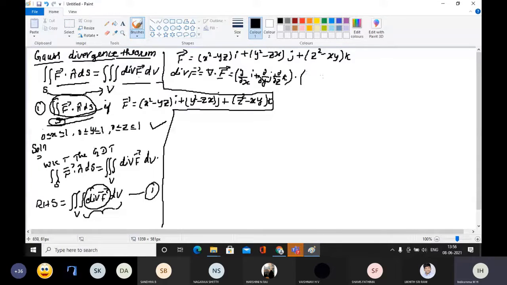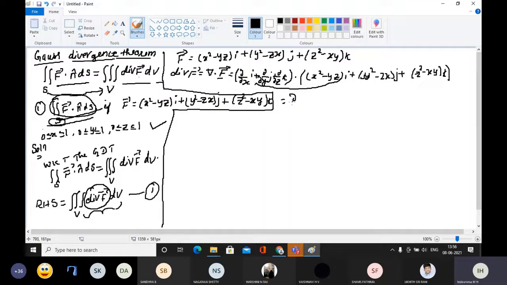Next, dot vector f. Vector f is (x square minus yz) i cap plus (y square minus zx) j cap plus (z square minus xy) k cap. Now do the dot product. What is i dot i? One.